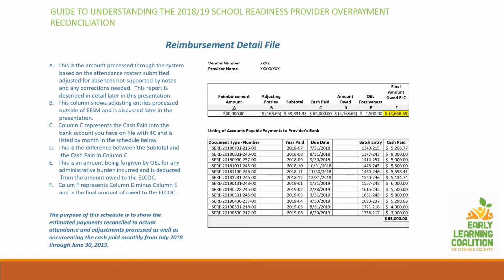We've provided this information to you so you can see the total cash paid to you by month, the total amount of your attendance, adjustment processing, and all other credits, debits to arrive at the amount due back to the ELCOC. Please take a moment to further review this slide.